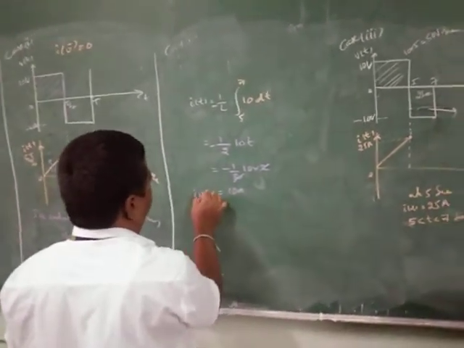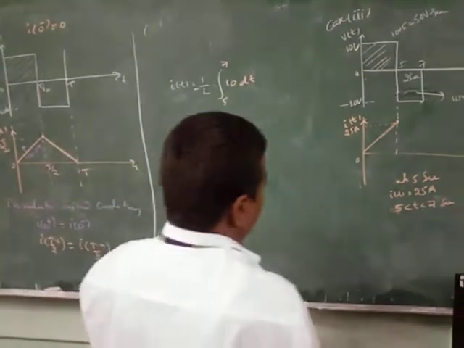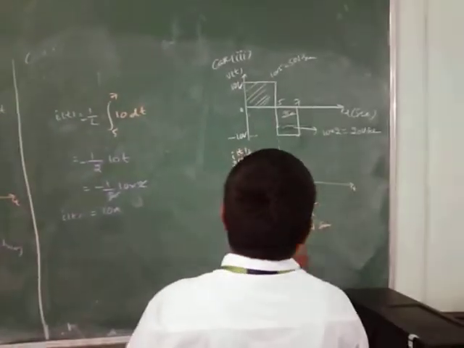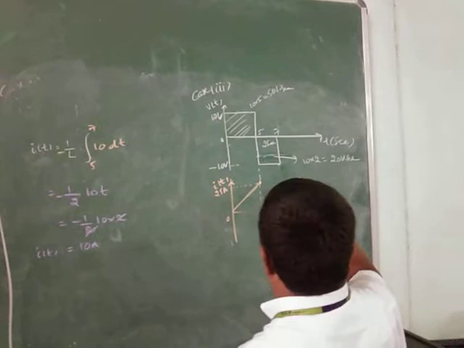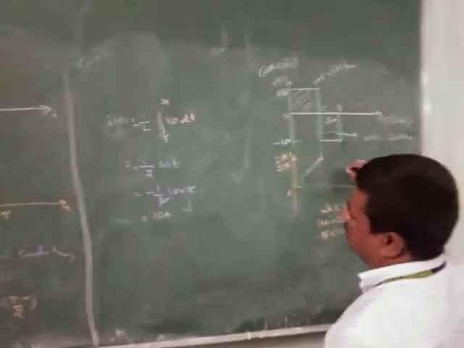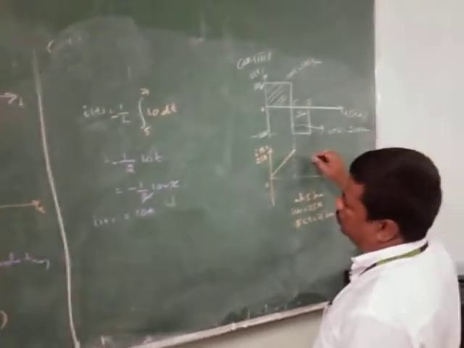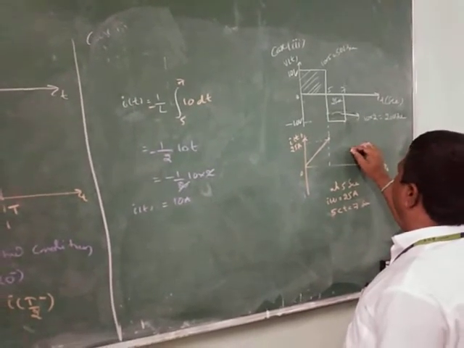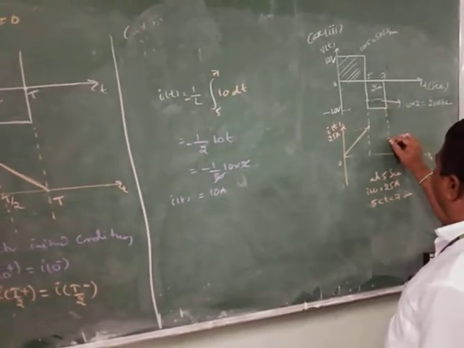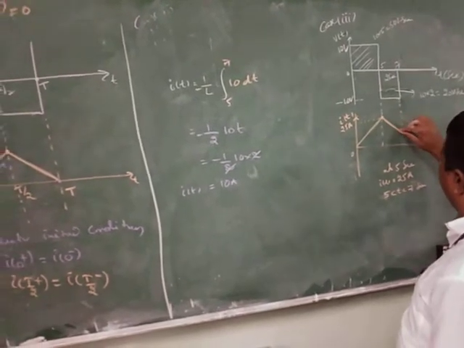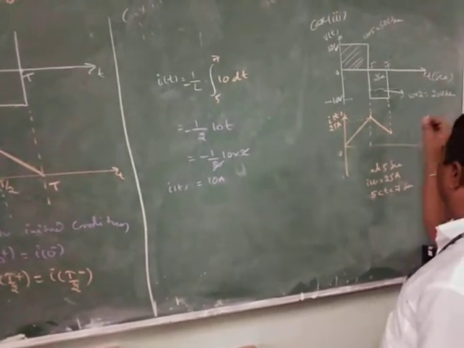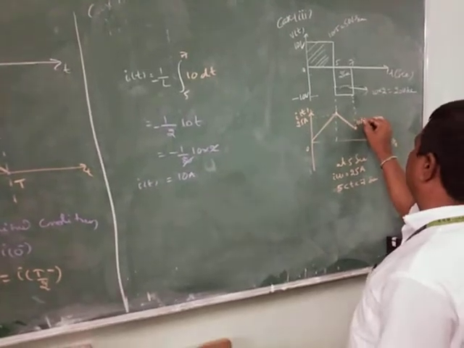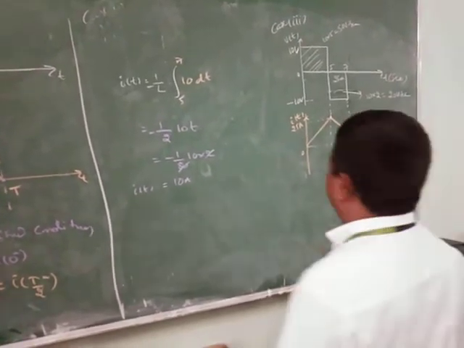Then I of t is equal to 10 amperes. Now the current comes down to 10 amperes around here.